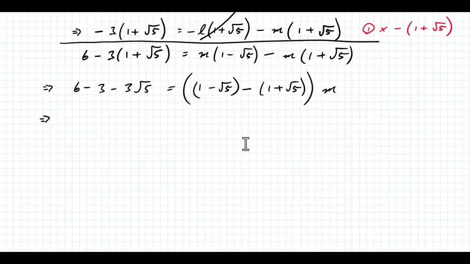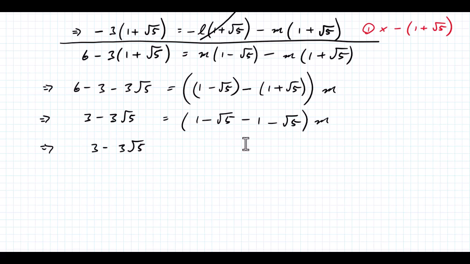So let's just sort all this out. 6 minus 3, 3 minus 3 root 5 is equal to, in the brackets then we've got 1 minus root 5 minus 1 minus root 5, all times m. So that'll give us 3 minus 3 root 5 is equal to 1 minus 1 is 0, minus root 5 minus root 5 is minus 2 root 5.